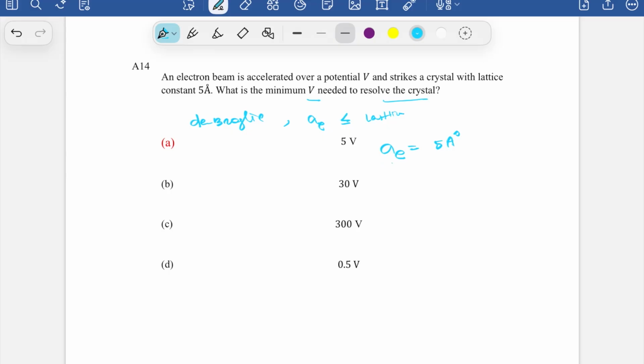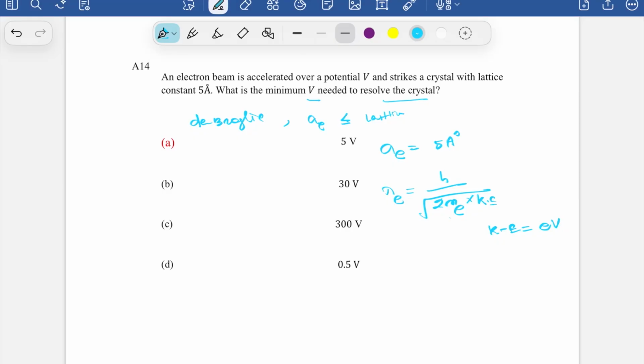This is the maximum wavelength associated with the electron for which you can resolve the crystal, and you can find the relation between the energy and the de Broglie wavelength as lambda equal to h over square root of 2 m e times kinetic energy, where the kinetic energy of the electron is equal to eV, and V is the applied potential.